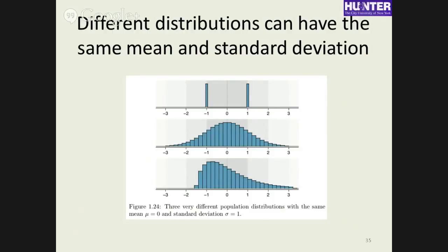So just keep that in mind. Anytime you're summarizing the data, you're not getting the complete picture, which is why numeric summaries can tell you a fair bit, but not everything, and it can be useful to look at graphs as well to get a better understanding of your data.